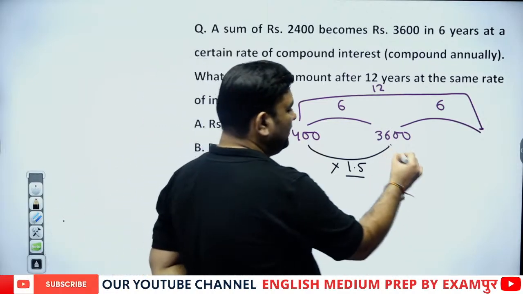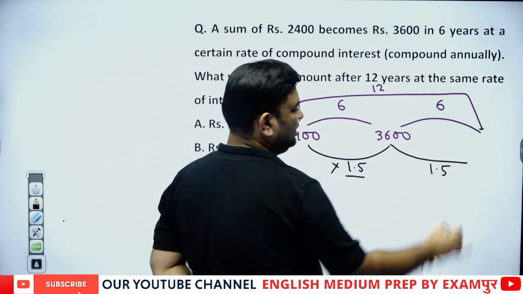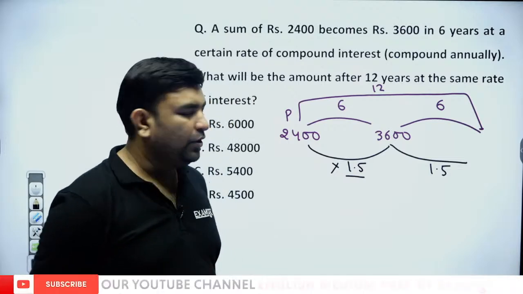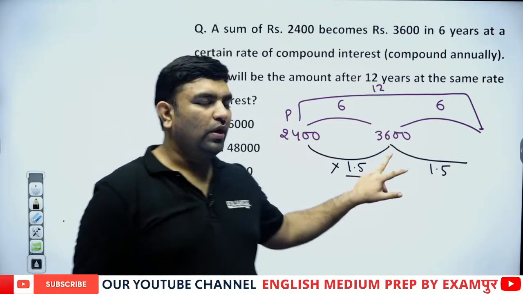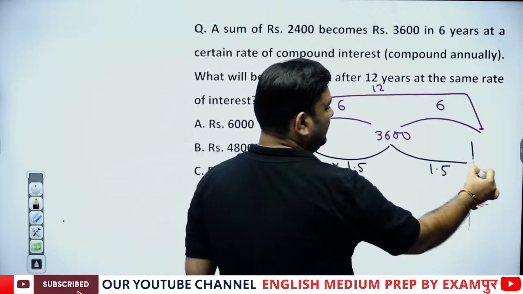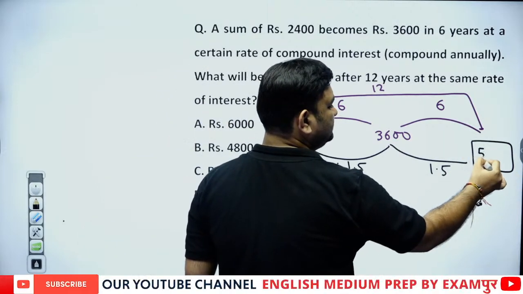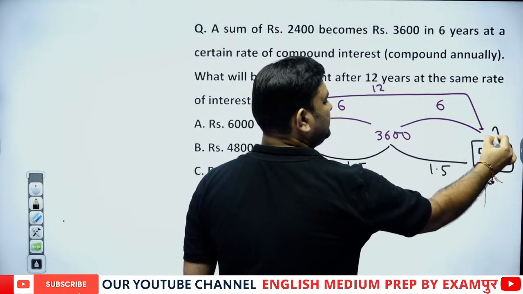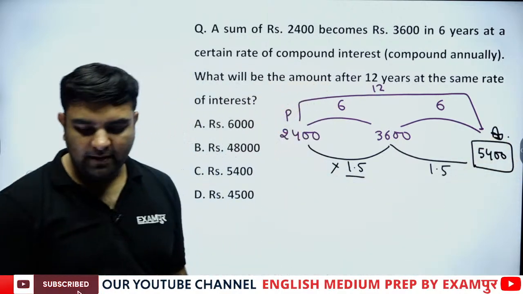So again it will become 1.5 times of it. 1 time 3600, 0.5 is 1800, 3600 plus 1800 is 5400. Answer.